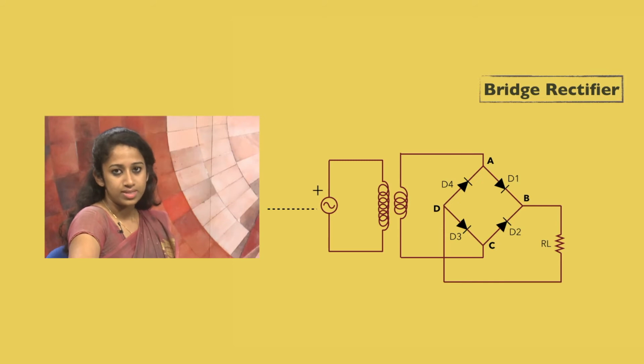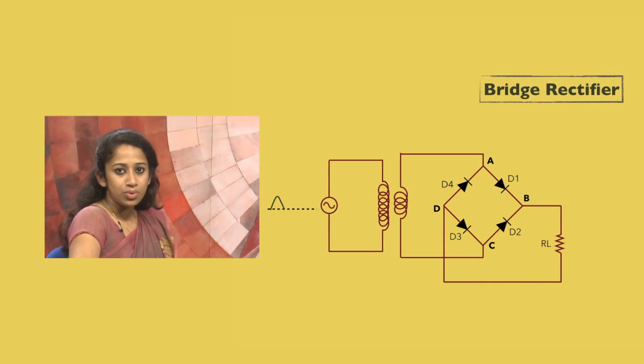During the positive half cycle of the input waveform, the upper terminal of the transformer secondary will be positive with respect to the lower terminal of the transformer secondary. The positive voltage applied to the upper terminal of the transformer secondary will be connected to the P side of the diodes D1 and D3, and the negative voltage at the lower terminal will be connected to the N side of the diodes D1 and D3.